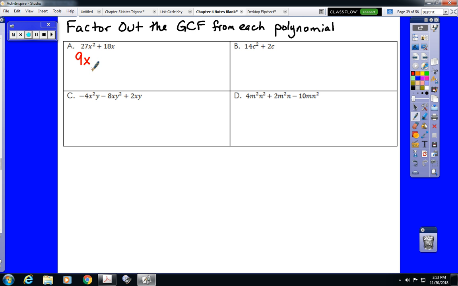So we're going to pull that greatest common factor out. And what happens when we pull out the greatest common factor is we have to divide each term by the greatest common factor. Now once we get good at this, we don't need to show this work. But until we understand what we're doing, it can't hurt to write this out.